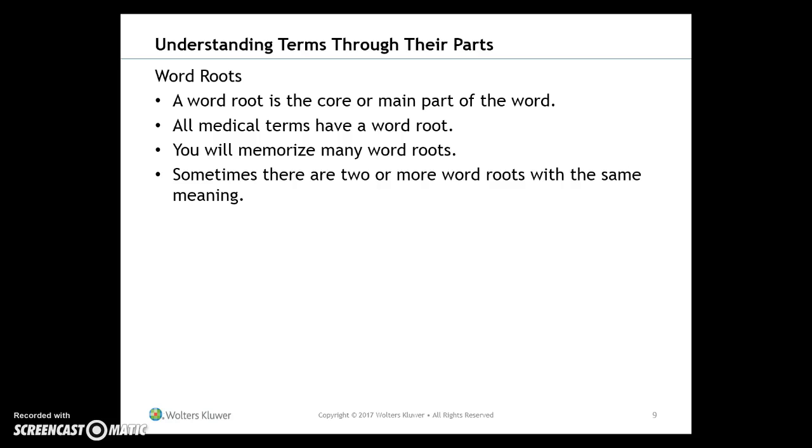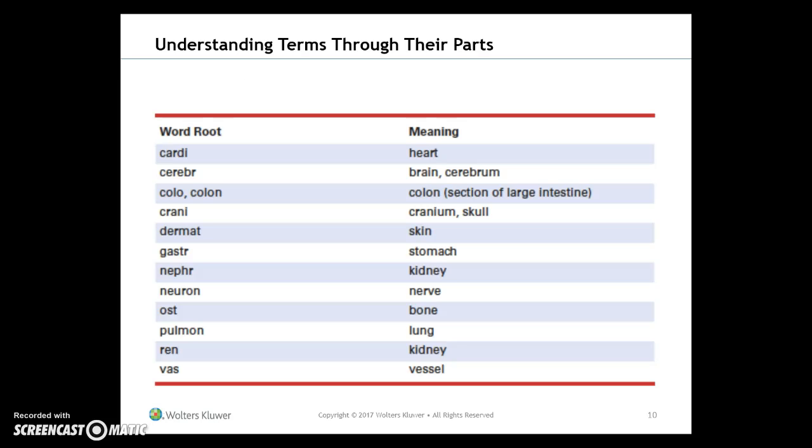I highly suggest you do the word root exercises 1 and 2 in the chapter and start memorizing those. But I'll say a few of them here, and be sure to go into the online vocabulary through Stedman's to hear these.